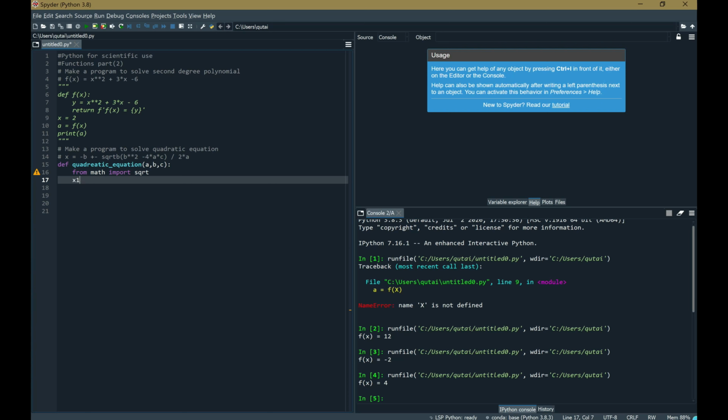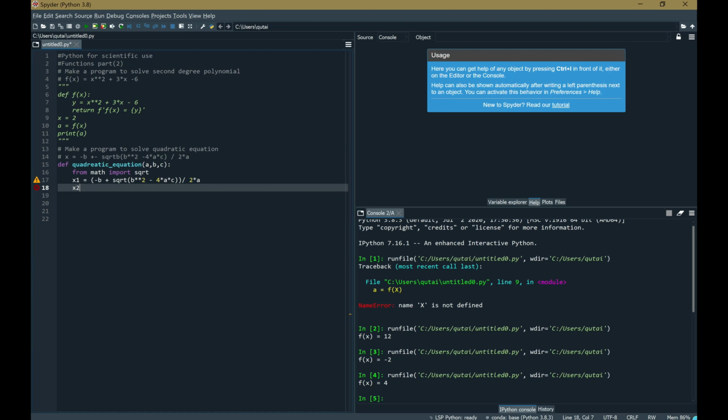So here we have x1 is equal to minus b plus sqrt of b power 2 minus 4 multiplied by a multiplied by c, and the whole equation is divided by 2 multiplied by a.